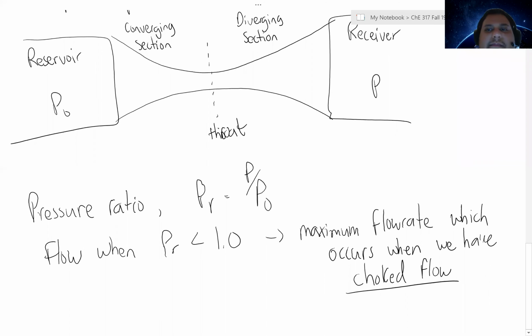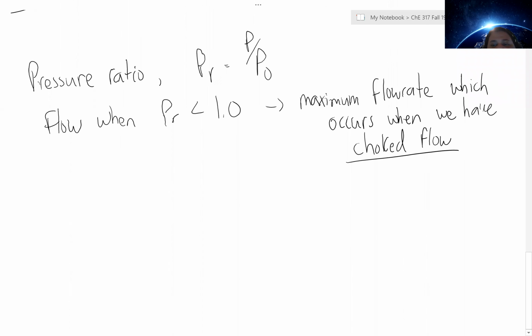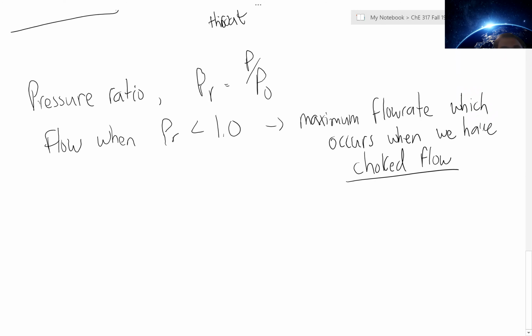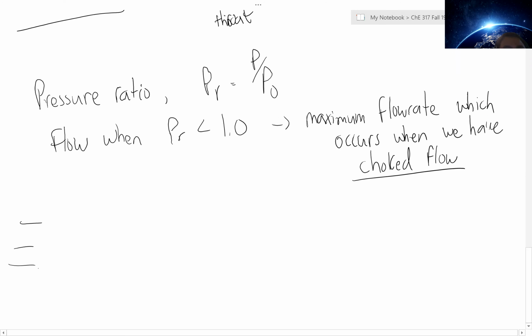And depending on the pressure ratio, you can have one of several categories of flow in the system.